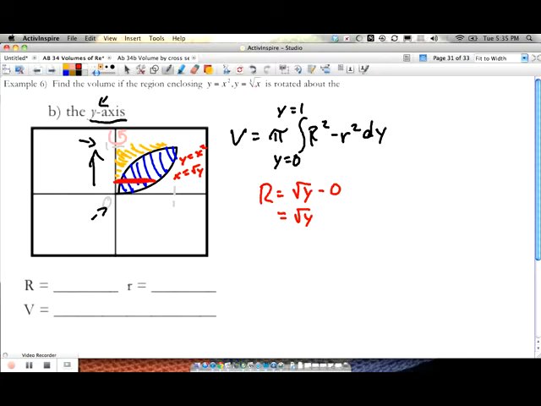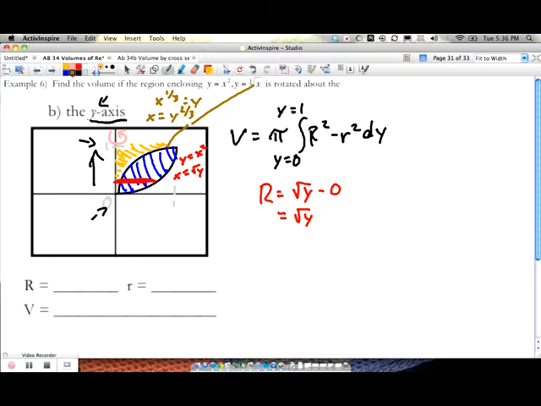Now for this other curve, it's going to be a little bit different. It was the cubed root of x, and when we change that into terms of y, it's like x to the 1/3 equals y. Well, how do we get it to be the other way around?